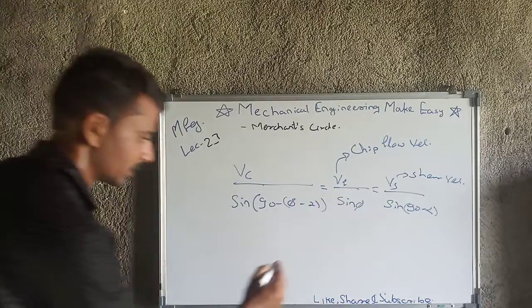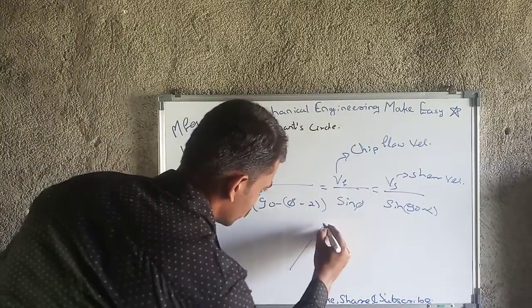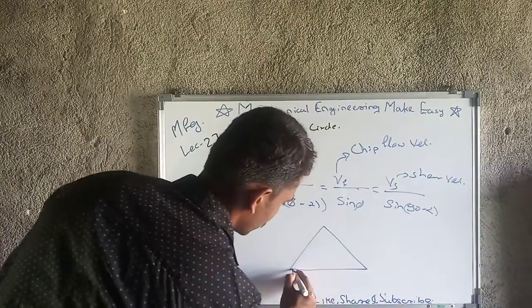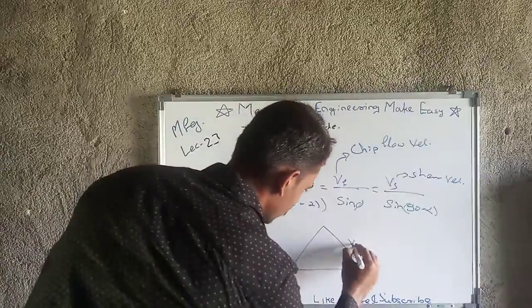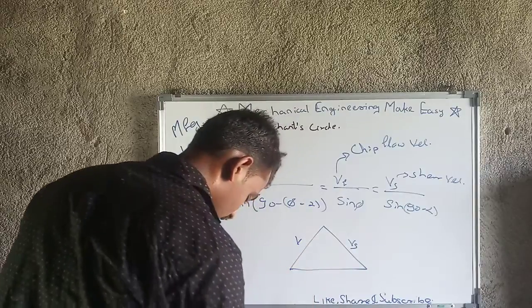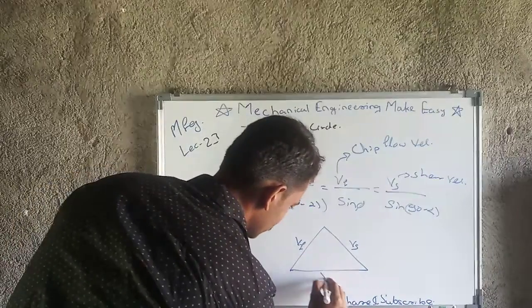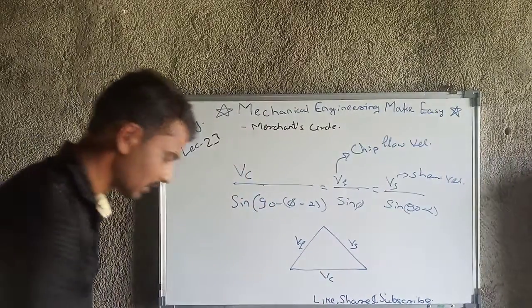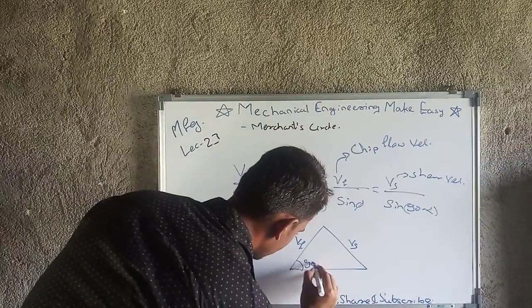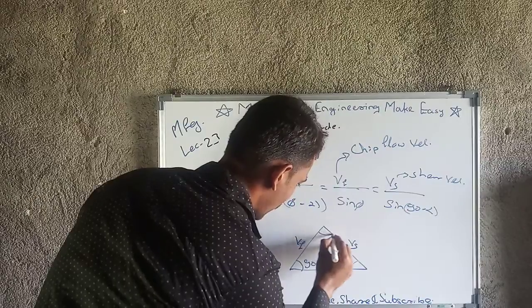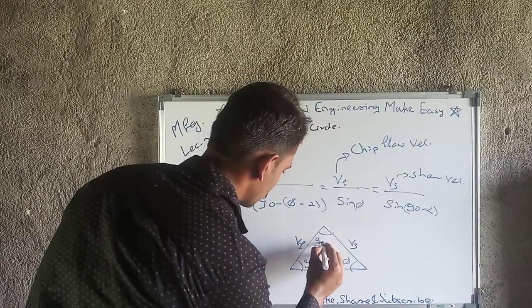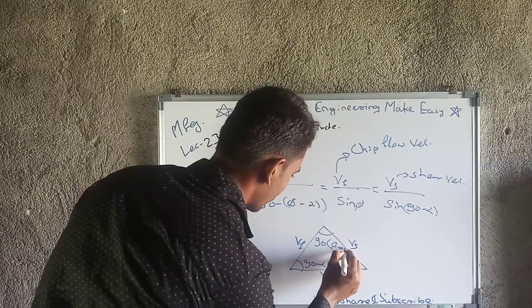And how did this relation come? This is nothing but the sine rule. There is one triangle formed: this is Vs, this is Vf, and this is Vc, and the angles are 90 minus alpha, then phi, and 90 minus phi minus alpha.